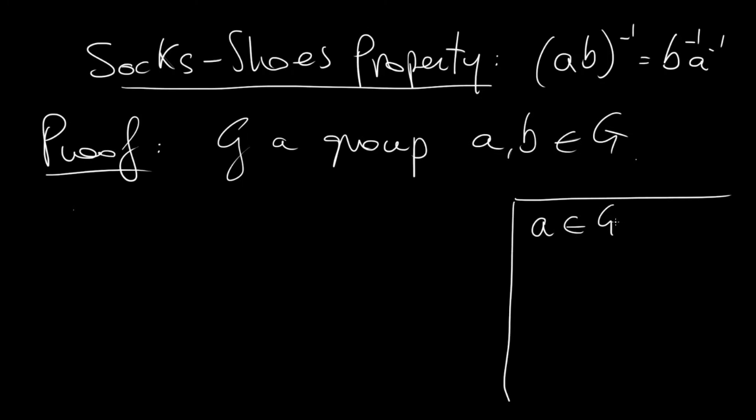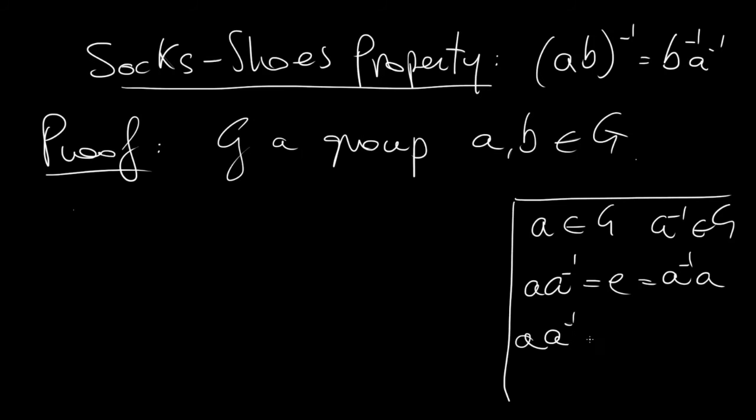If A is in the group, then A inverse is the element for which A A inverse is equal to the identity, but is also equal to A inverse A. So the inverses are commutative. This follows from the definition of the group.